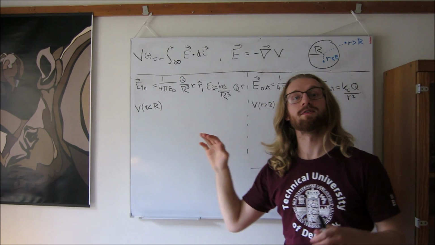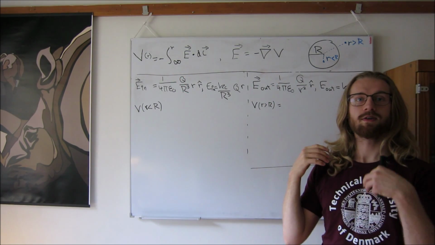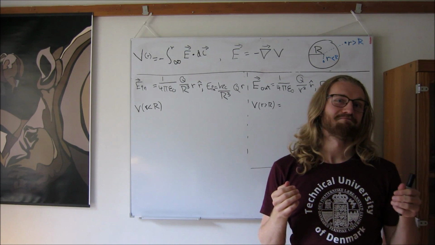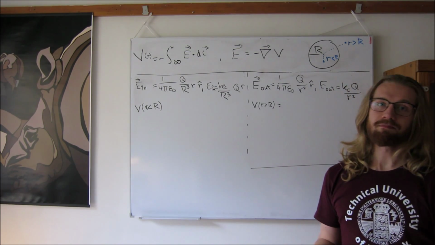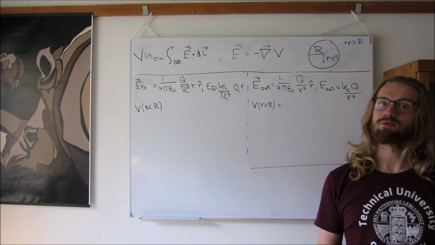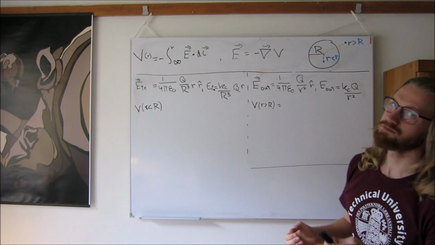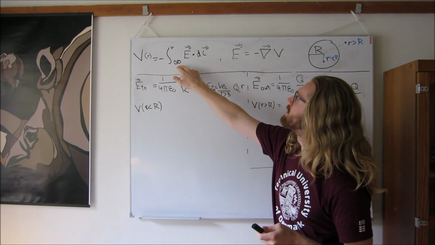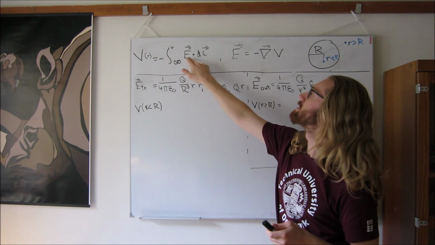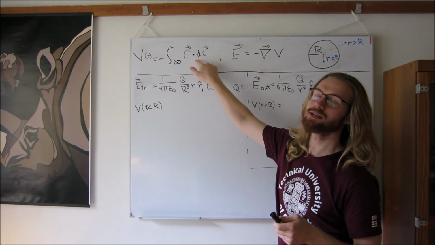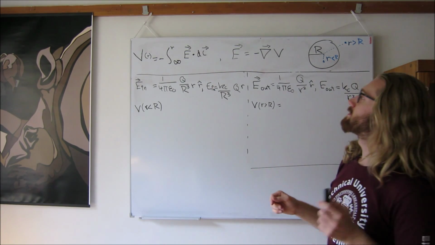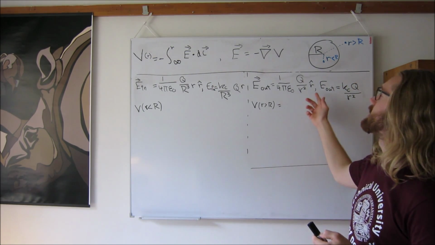If you run into a problem where you try using infinity as your reference point but you cannot solve the integral, try picking another reference point like a or 0 or some other constant. We need to take the dot product of the electrical field and some direction. And here we pick the direction vector to be just the r vector.